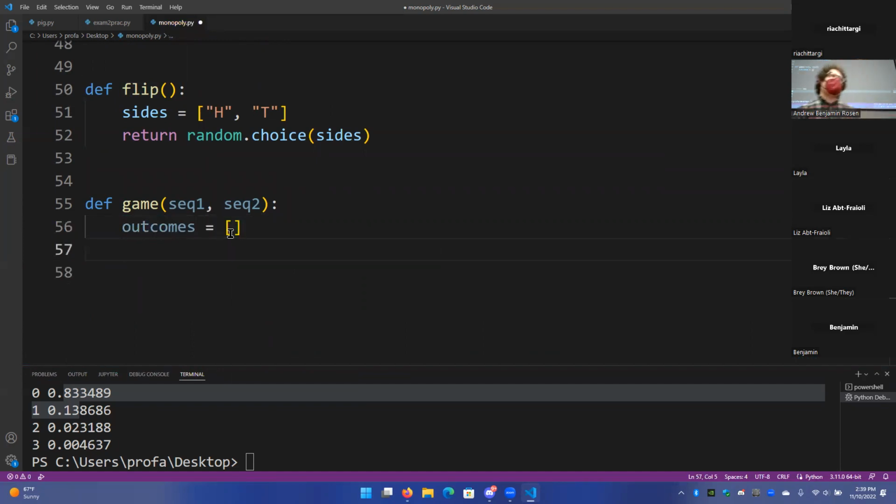What we'll do is that as we flip a coin, we will add it to this list. Or actually, rather than a list, because we're dealing with strings, we can just make it a string. As we keep doing this, we can just keep concatenating to the string. And then we will simply check the last 3 letters of that string. If it matches player 1's, player 1 wins. If it matches player 2's, player 2 wins.